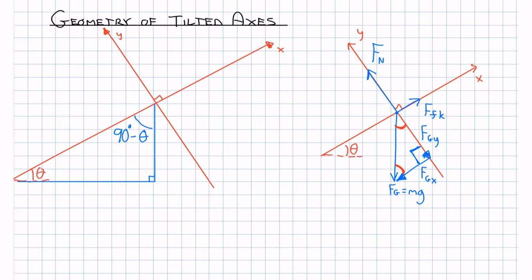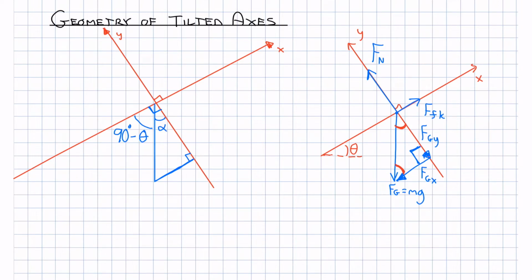Now let me clean this up and get rid of that right triangle, but leave the 90 minus theta where it is. Now let me draw a second right triangle. You'll notice this one actually matches the shape of the one in our free body diagram. We know that the angle between the axes x and y is 90 degrees. I've indicated a little right angle sign there at the origin. I'm going to define the interior angle right next to the 90 minus theta to be called alpha.